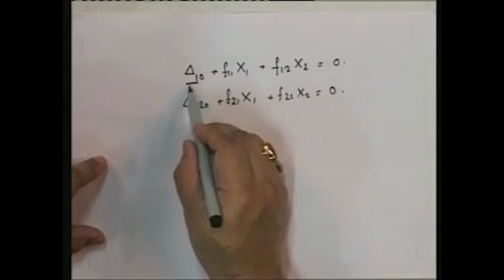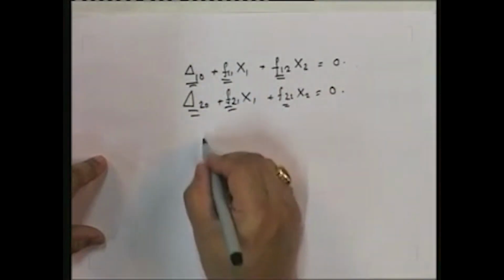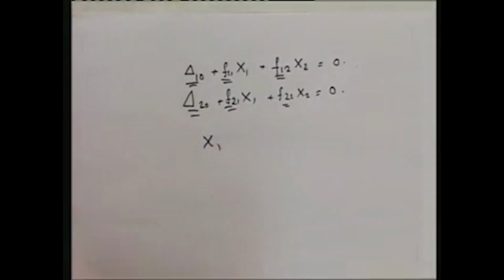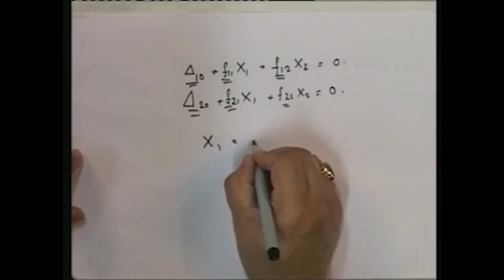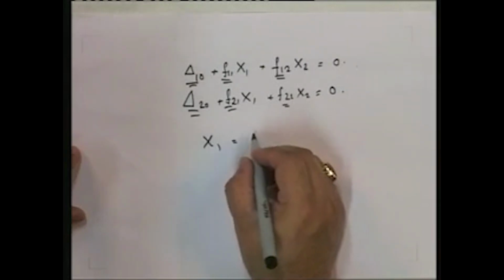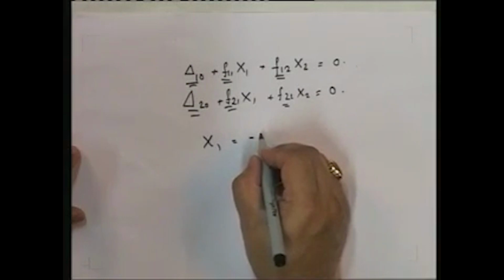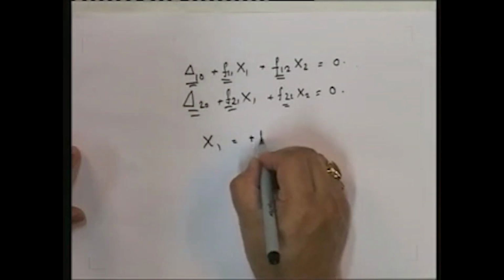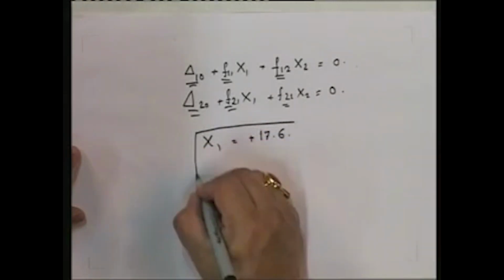And since we know these, we can solve for x1 and x2, and the value of x1 and x2 turn out to be equal to plus 17.6, and so is x2.